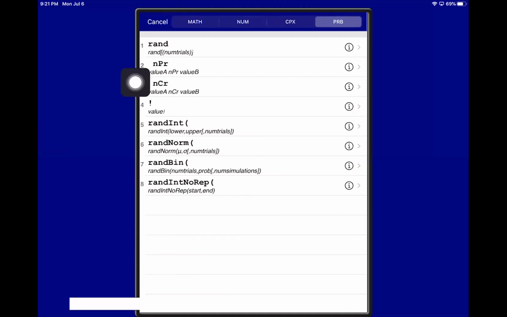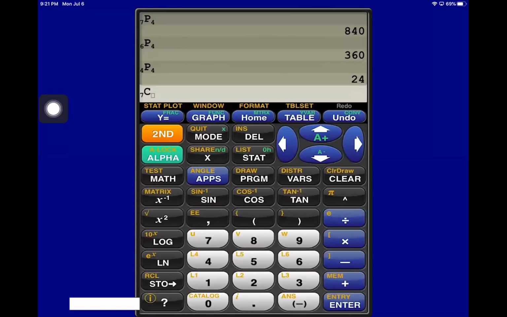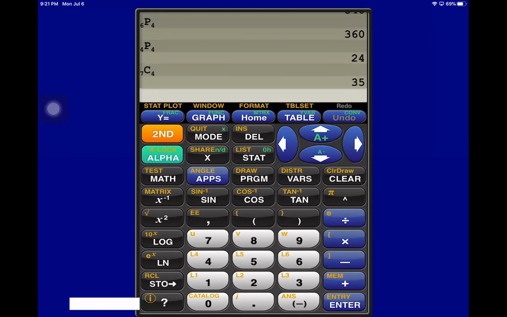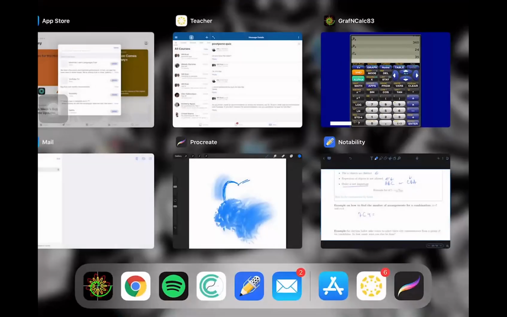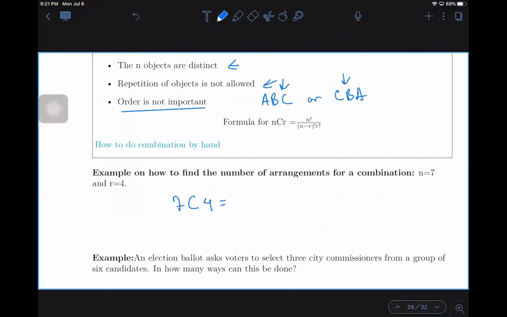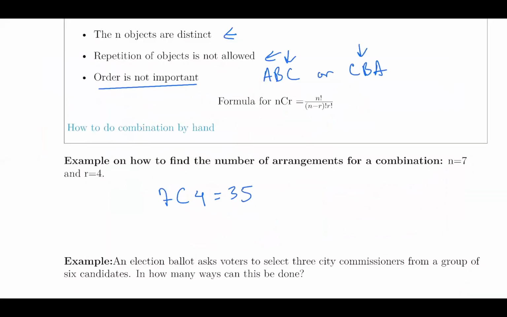Right below nPr, you see nCr, so you want to use nCr. And for this one, you want to choose 4, and you get 35. And that's your final answer for that first problem. Any question for that first problem?